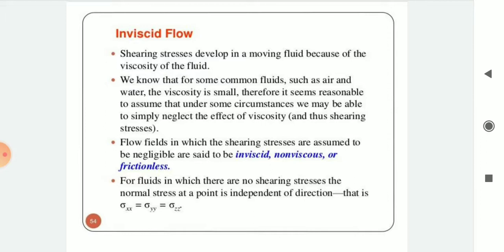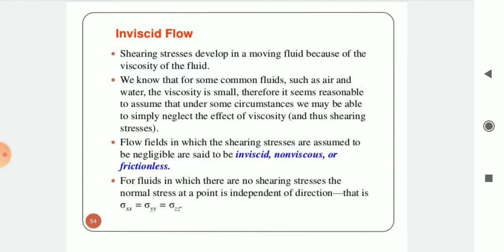Shearing stresses develop in a moving fluid because of the viscosity of the fluid. We know that for some common fluids such as air and water, the viscosity is small. Therefore, it seems reasonable to assume that under some circumstances we may be able to neglect the effect of viscosity and thus shearing stresses.